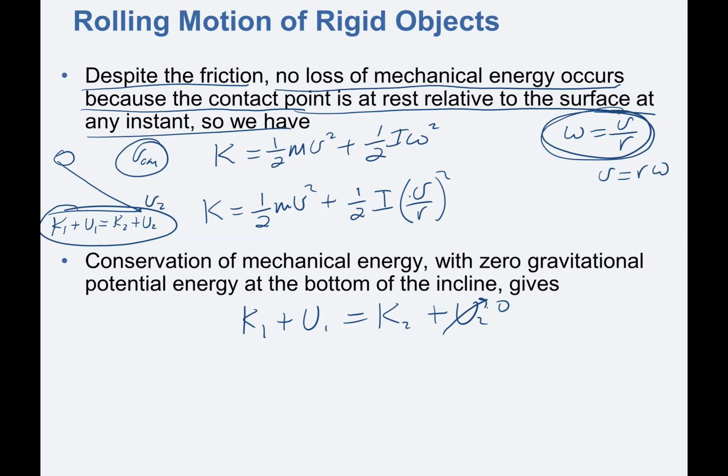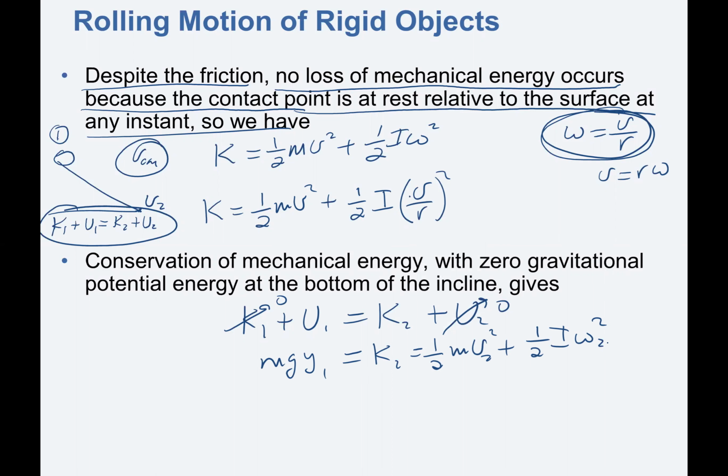I take point 1 at the top, where I start from rest, so there is also no kinetic energy there. The potential energy at the top, mgy1, is then equal to the kinetic energy at the bottom, K2. K2 is written as 1/2 mv2 squared plus 1/2 I omega2 squared.